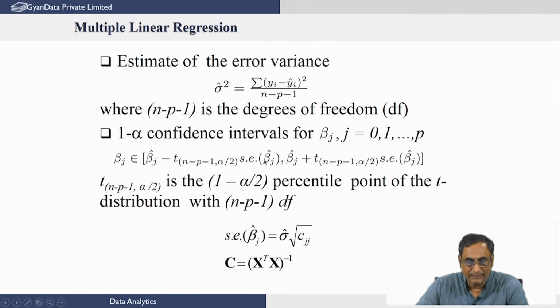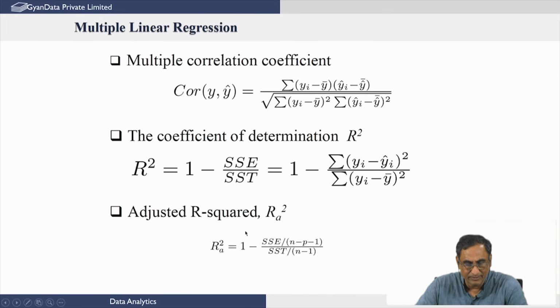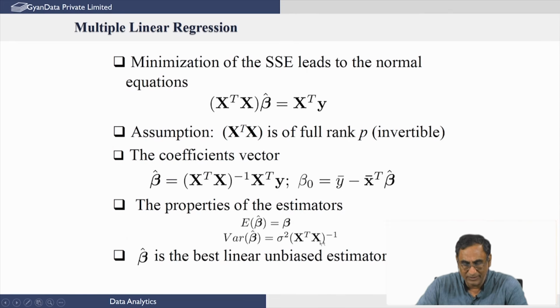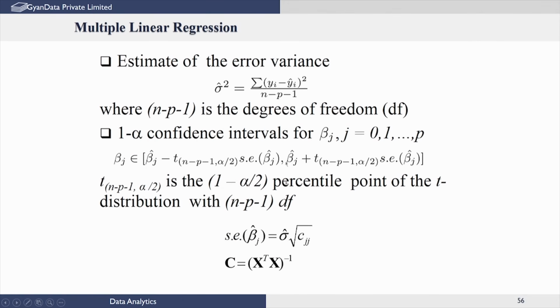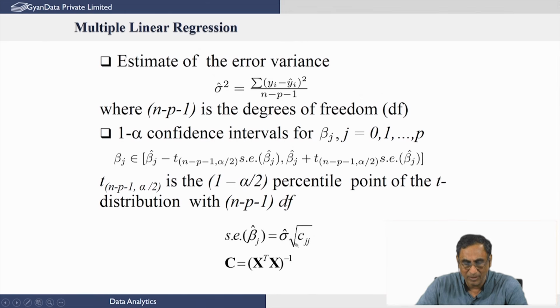The term SE of beta hat j represents the standard deviation of the estimate beta hat j, and that is given by the diagonal element of this quantity, with sigma squared replaced by the estimate. So, we have computed the standard deviation of the estimated parameter beta hat j by using the estimated value of sigma multiplied by the diagonal element of x transpose x inverse.